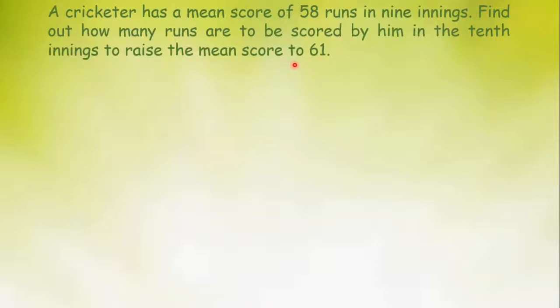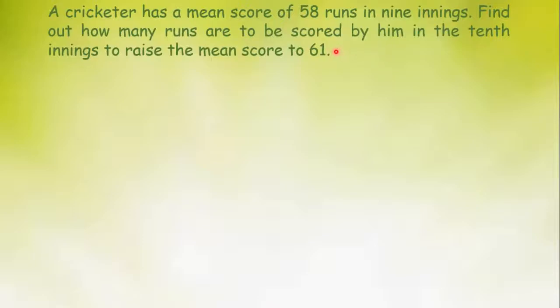Read the question once again. Understand the question. The mean score of 58 runs in 9 innings means in the 9 innings he scored a mean of 58. And one more innings is there, the 10th innings.